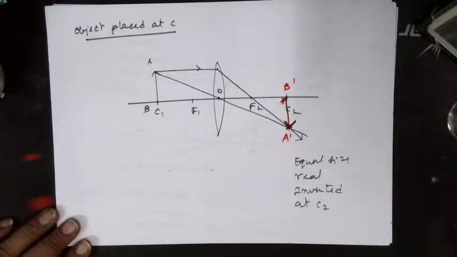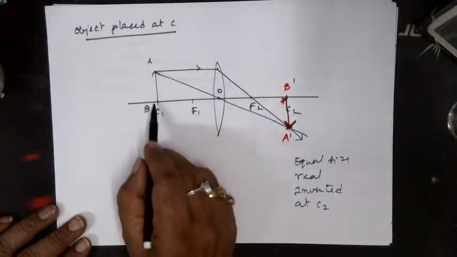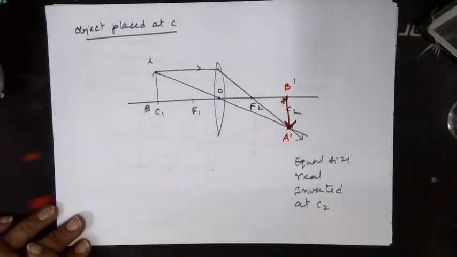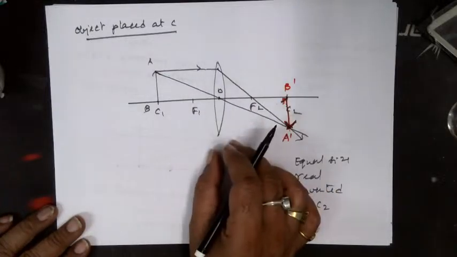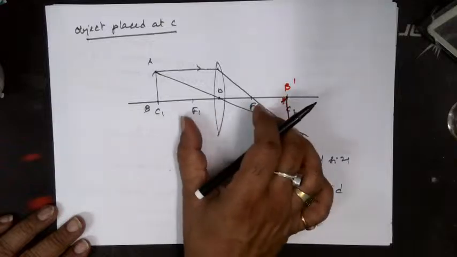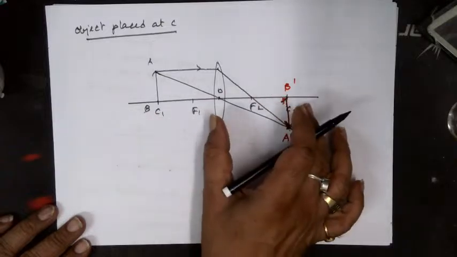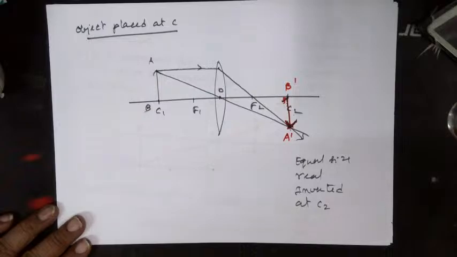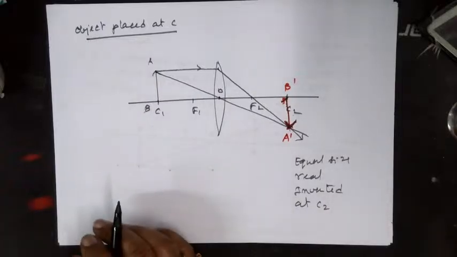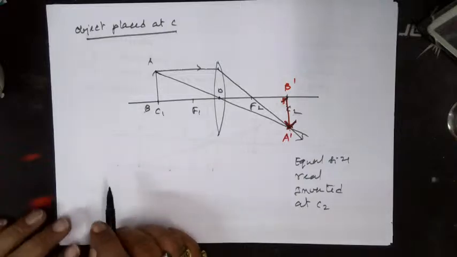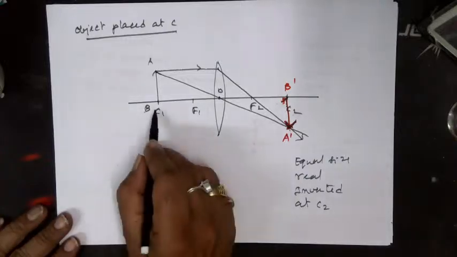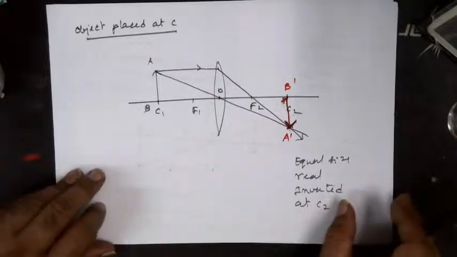Here the object is placed at C1 or at C. In fact, you have to take the lens in such a way that F1 should be equal to F2, C1 should be equal to C2. And you should always consider slim lenses only. Now, between F and C, that is the next case.